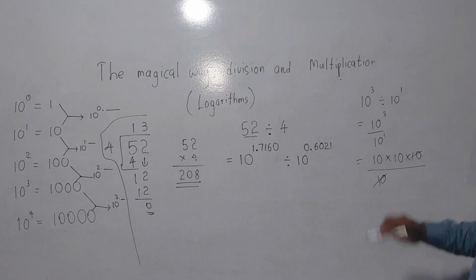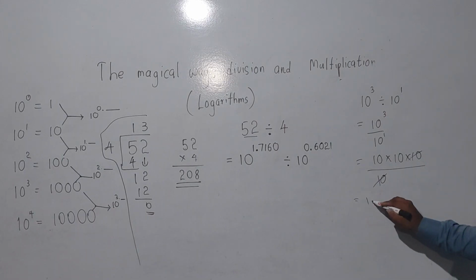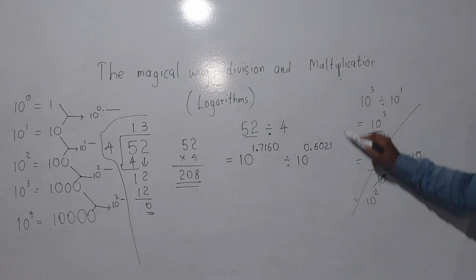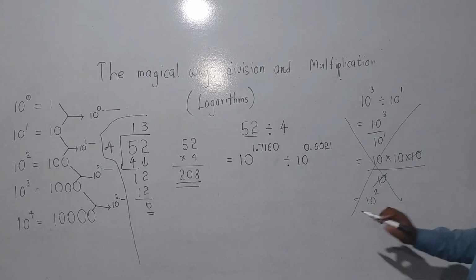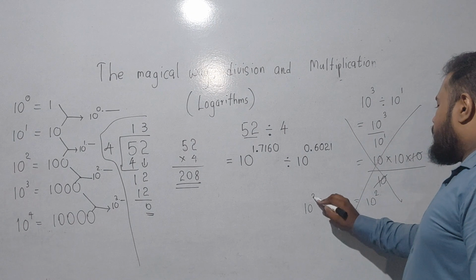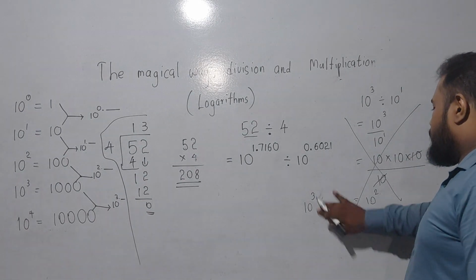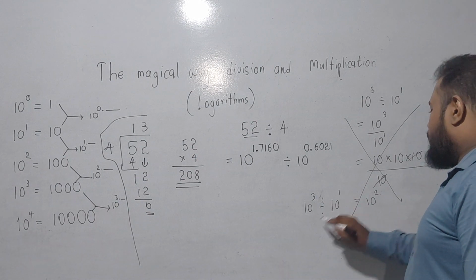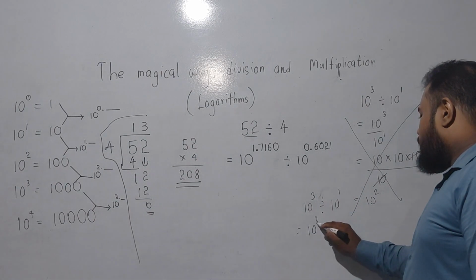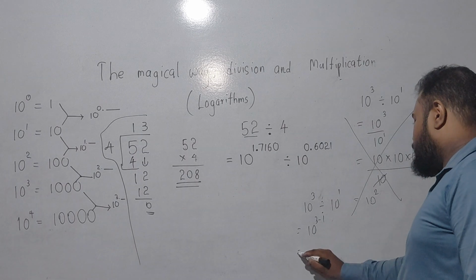This 10 is cancelled out by this 10. So it gives you 10 to the power 2. Without doing that, you can do 10 to the power 3 divided by 10 to the power 1 is equal to 10 to the power 3 minus 1 equals 10 to the power 2.